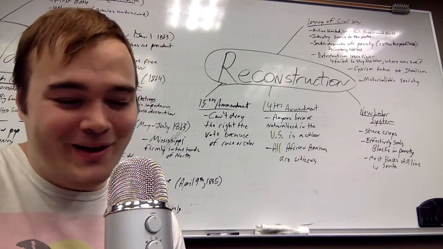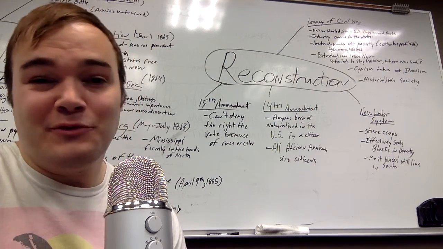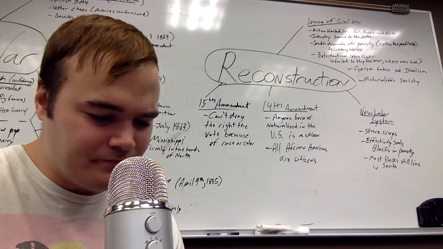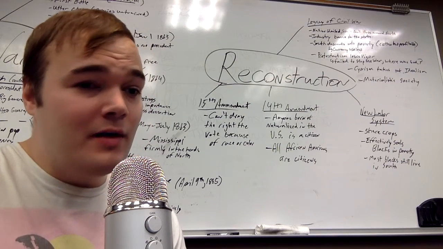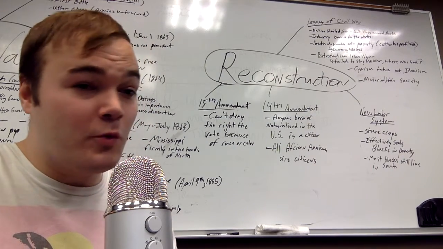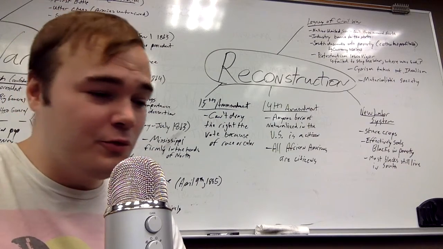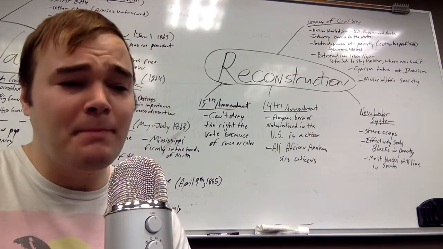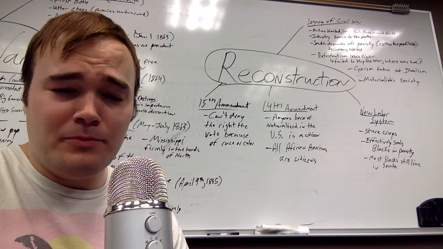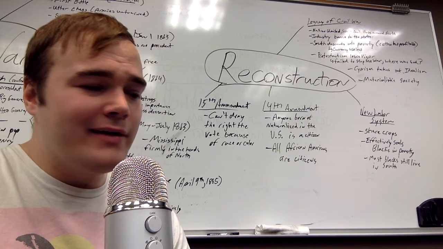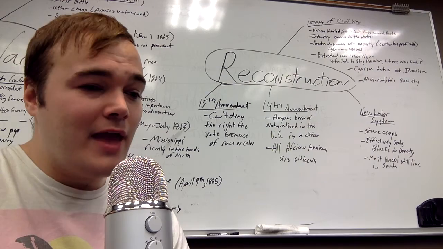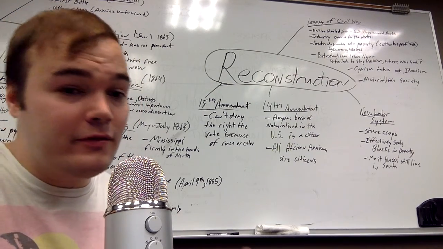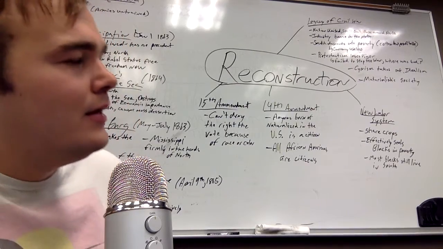So with all that gone, the economy's in shambles. What makes this even worse is cotton is not as valuable as it once was. Remember when I talked about all those foreign nations saying, hey, well, whatever, the South, we'll go and make our own cotton. Yeah, they did that, especially in places like Egypt. They start growing cotton, and the South just can't. It's just not as expensive as it once was, and they can't make the same money that they used to be able to make.